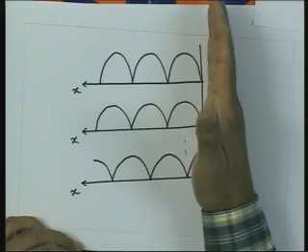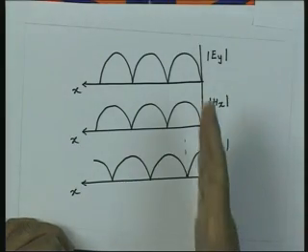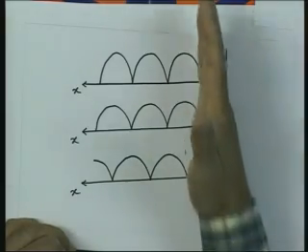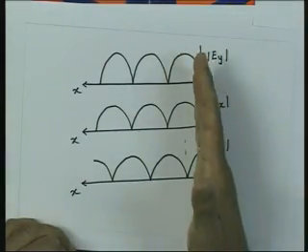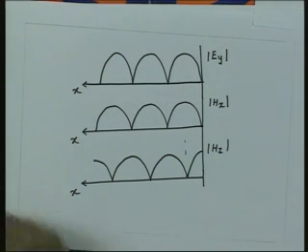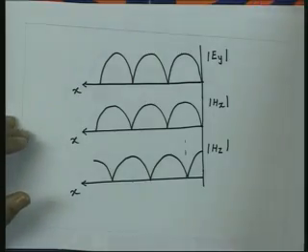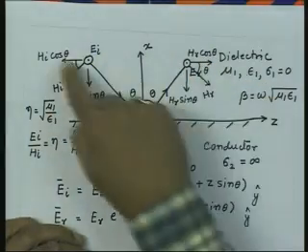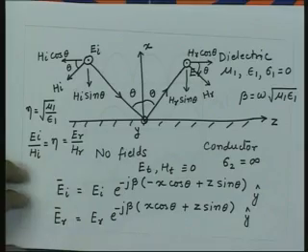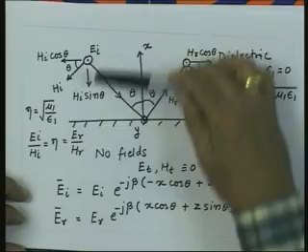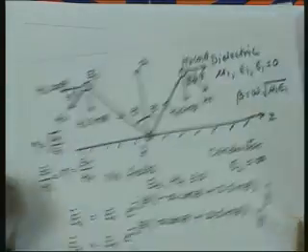This is the conducting interface, and since Hz, the tangential component, is not 0, we will have surface currents on the interface, and the magnitude of the surface current will be equal to the tangential component of the magnetic field. So when the plane wave is incident on the conducting boundary, surface currents are induced on this surface due to this tangential component of the magnetic field, as we have seen. The normal component of the magnetic field will be 0 and the tangential component of the electric field will be 0, as the boundary condition needs.